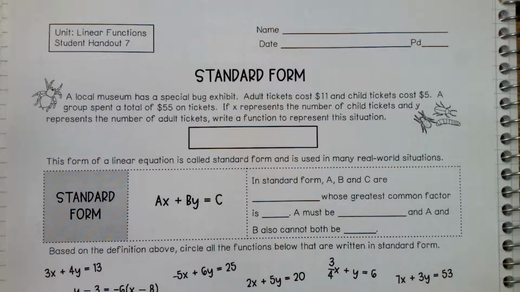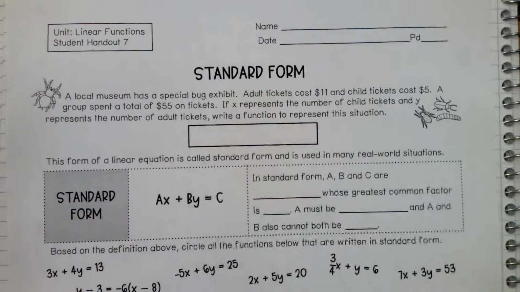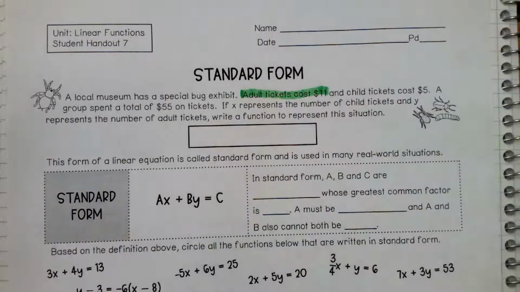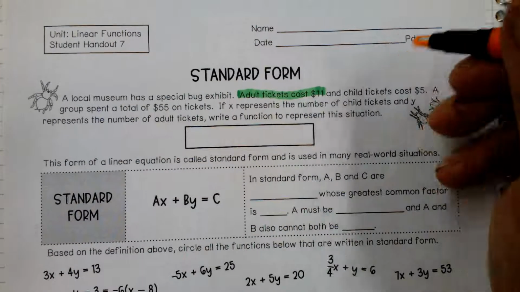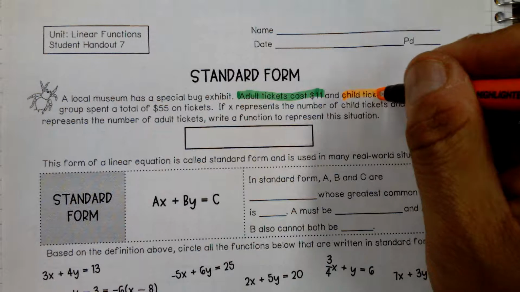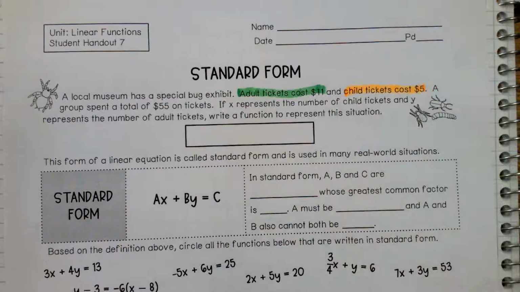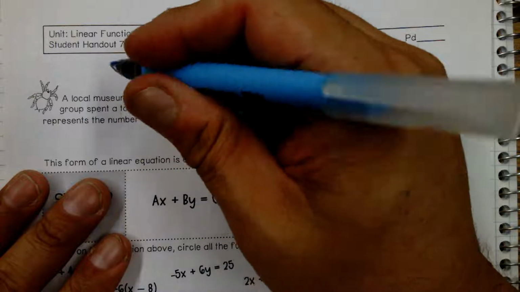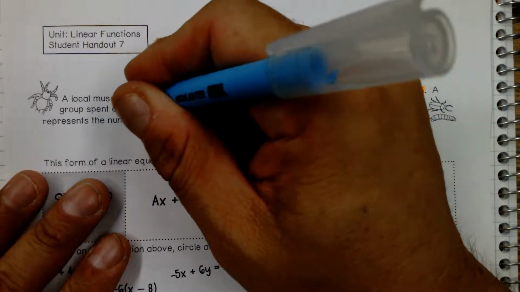Okay, so let's just break this down. We have adult tickets, and those are $11. We also have child tickets, and those are $5. They also tell us the total cost for a group that spent money was $55.